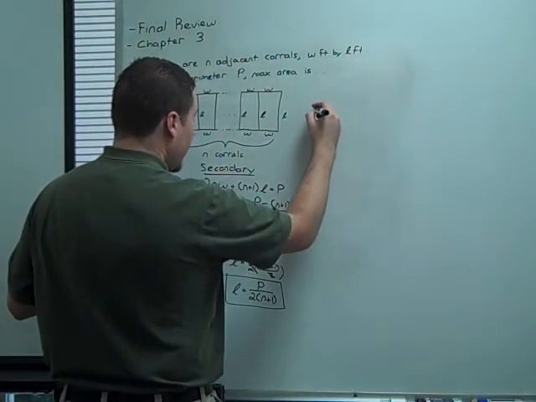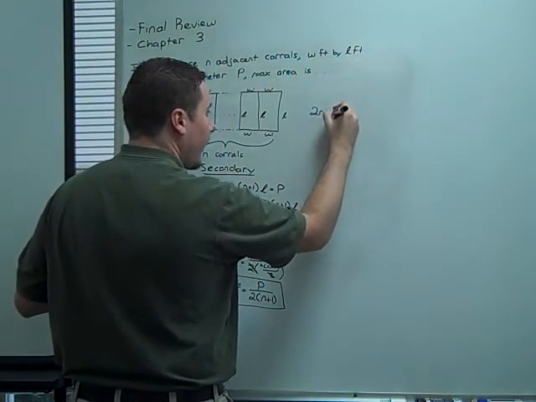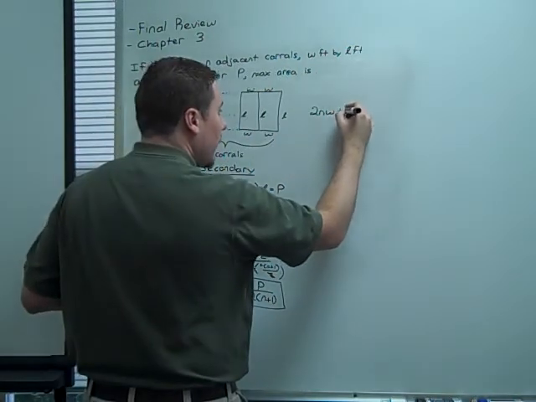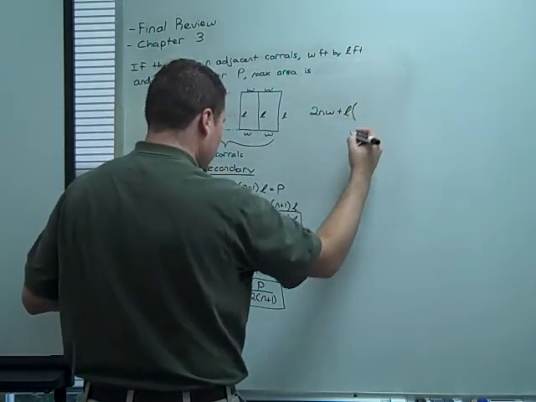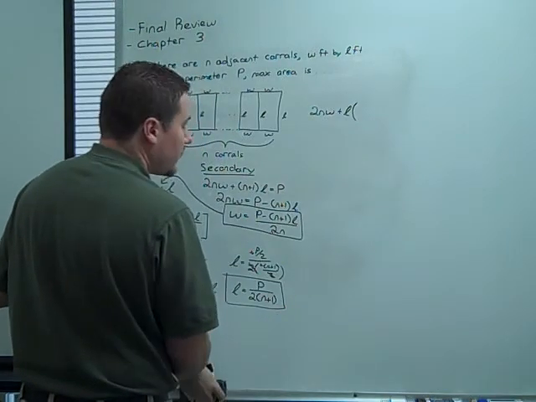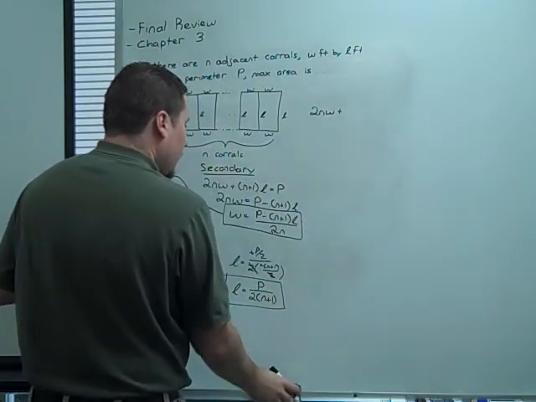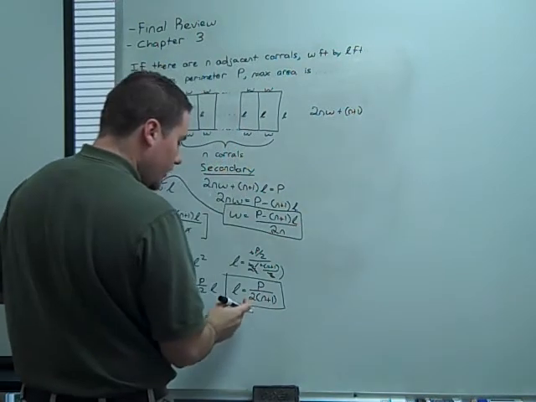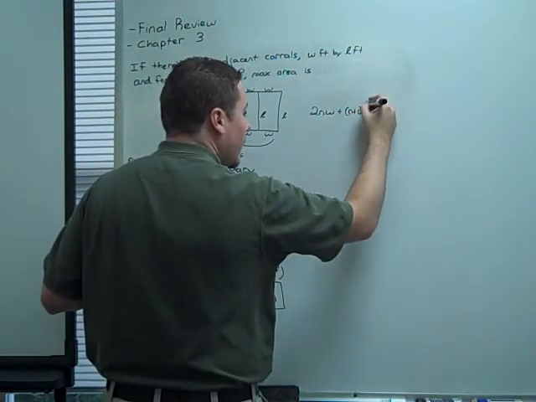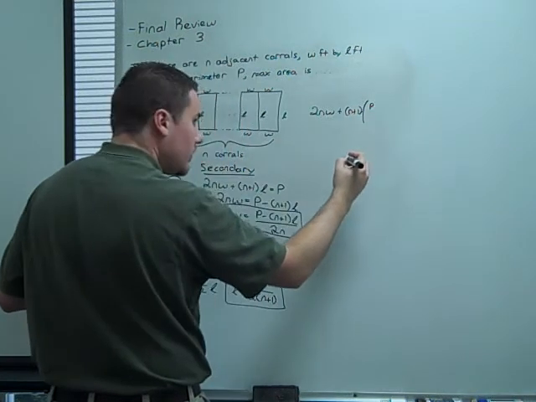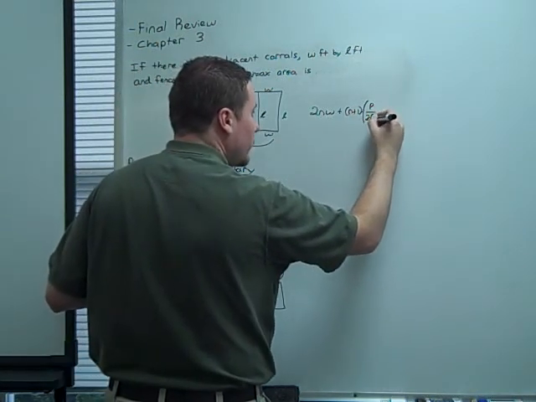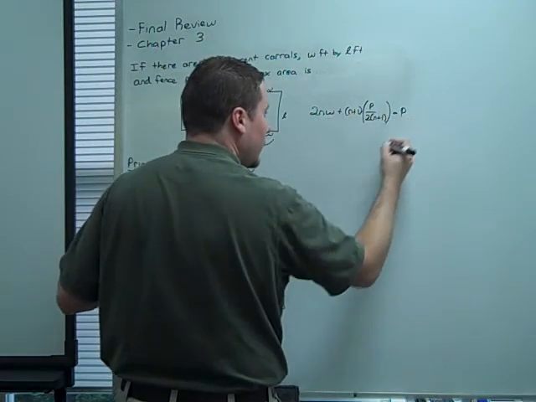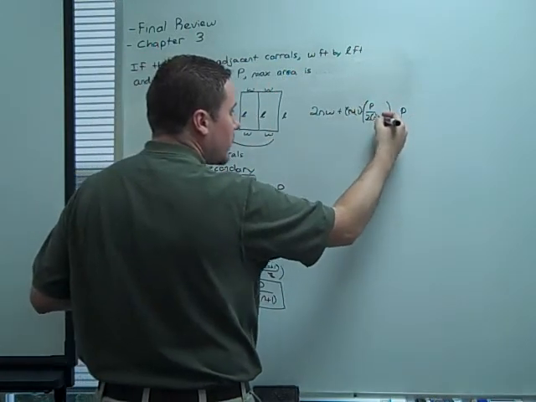So there, I do 2nW plus (n plus 1) times, we're substituting L, P over 2(n plus 1). And that equals P. Well, there's the cancellation.